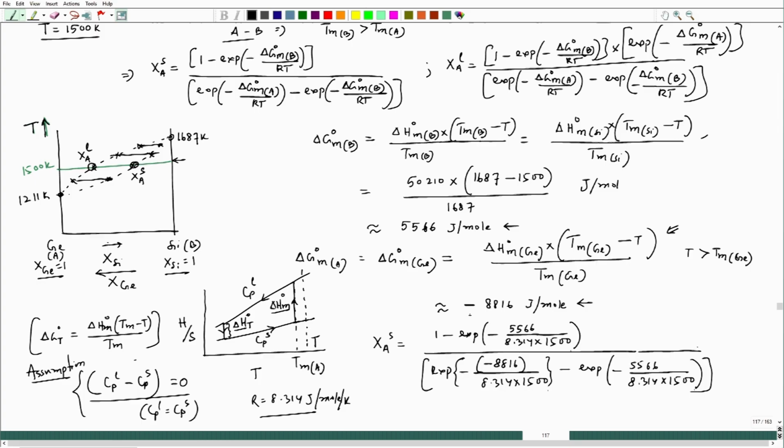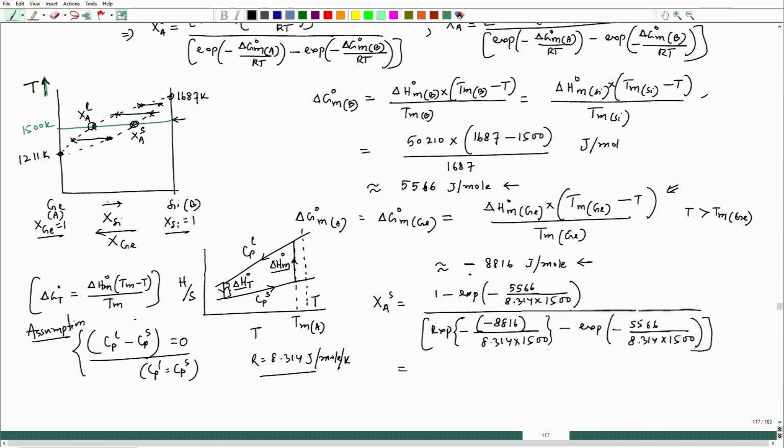Now you would see that you would get 1 minus 0.640 divided by 2.028 minus 0.640, is equal to 0.36 divided by 1.388, which leads to the value about 0.26.